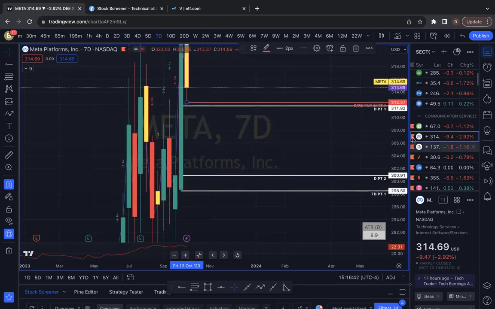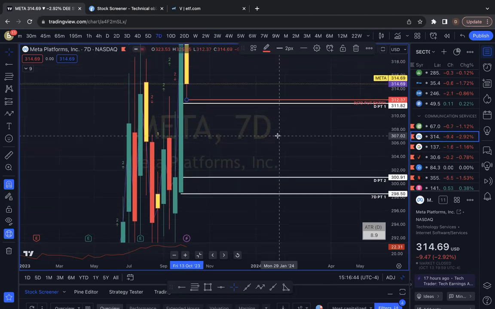Now, why is that important? Some people may say, hey, if I play a 7-day, does that mean I have to be a 7-day participant? No, you don't. But it is important to know where the higher time frames are going, because if you play a shorter time frame, you know it has to pass your price targets to get to its overall price target.